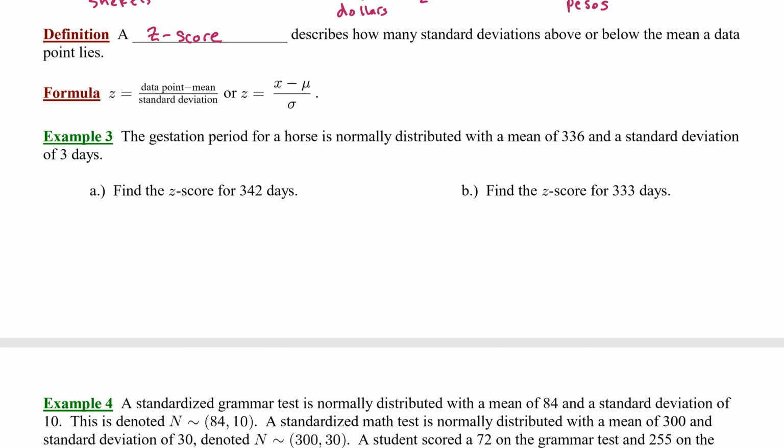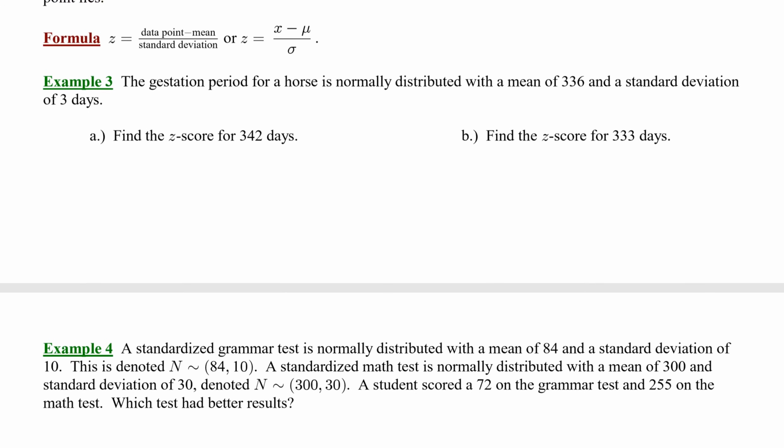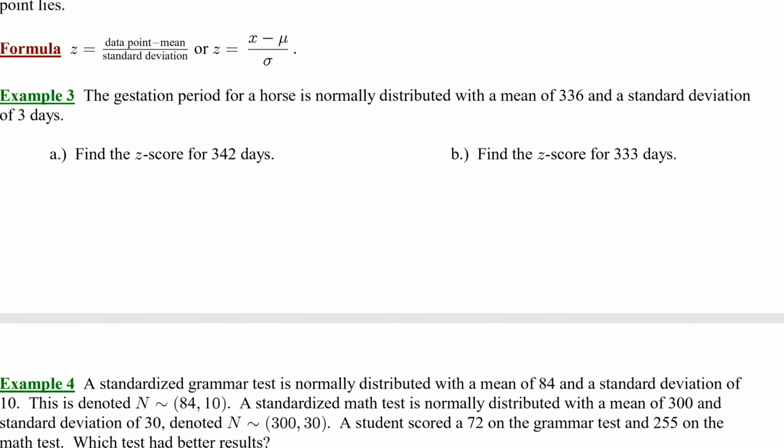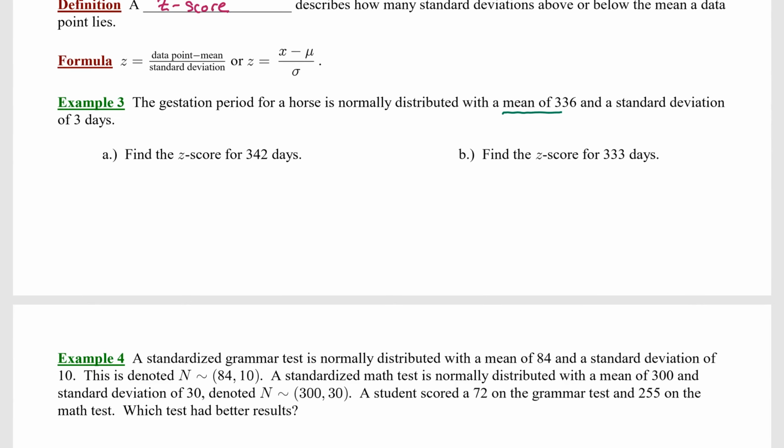The gestation period for a horse is normally distributed with a mean of 336 days and a standard deviation of 3 days. So if I'm studying horses and looking to predict when the young horses will be born, we're going to understand they're normally distributed amongst the horse population. So the mean, which we're going to call mu, is 336 days, and the standard deviation, which we can call sigma, is 3 days.